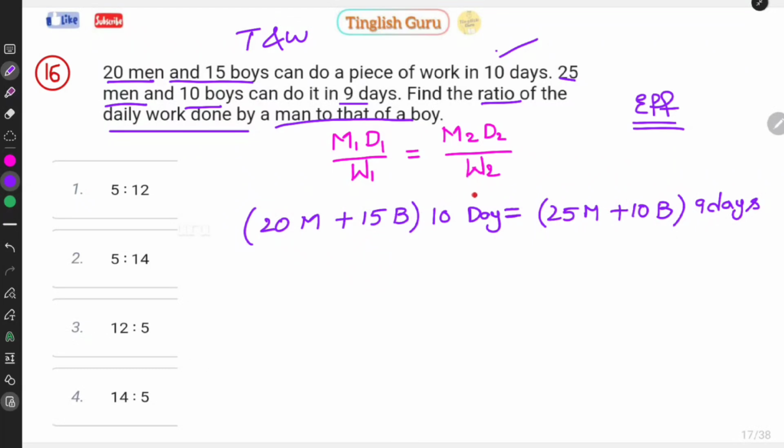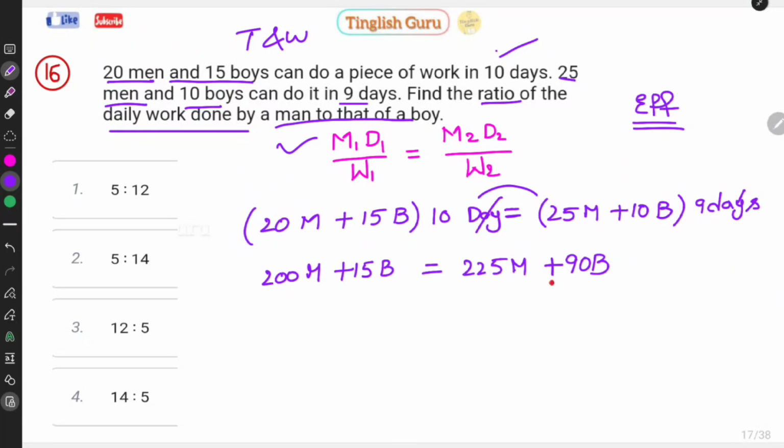So, we equated both the works just like in the formula M1 D1 by W1 is equal to M2 D2 by W2. Next, just cancel it here. 200 M plus 150 B is equal to, cancel days and days here, and it will become 25 into 9, that is 225 M plus 90 B.